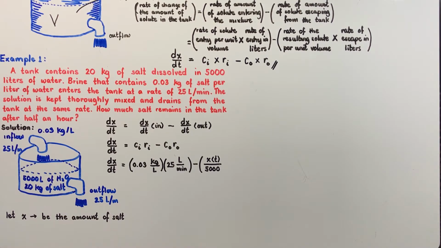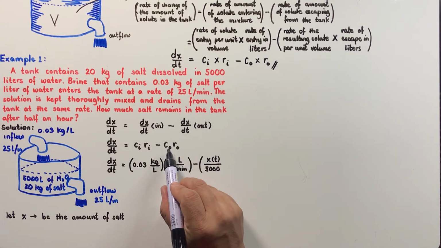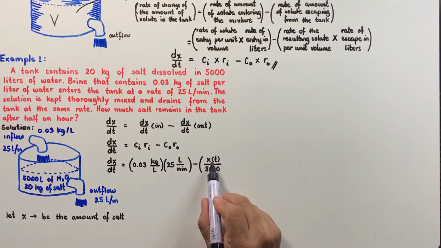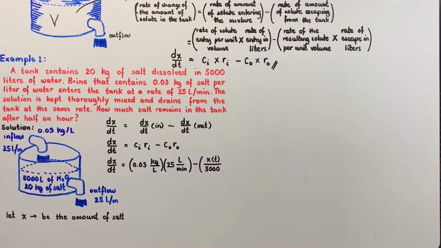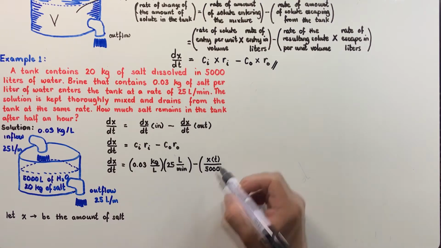It will not increase nor decrease, because although there is an inflow of another solution inside the tank, there is also the same rate of outflow of the mixture outside the tank. So therefore, the rate of the resulting solute per unit volume changing at any time t is x of t over the volume of 5,000.